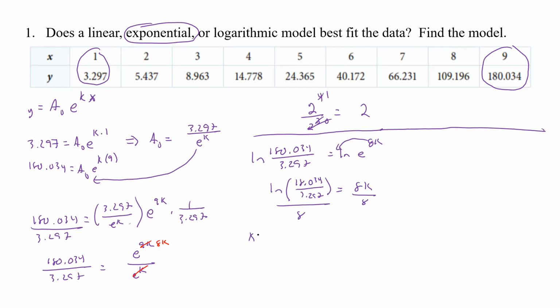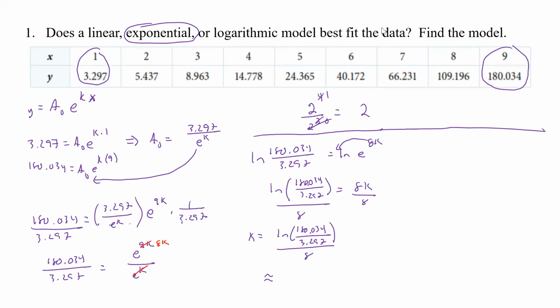And so k is equal to ln of 180.034 over 3.297, divided by 8. So that's what my k is equal to, okay? Now, do I want to write that into my formula up here? Probably not. I'm going to simplify that. And so I'm going to say that's approximately equal to, well, what is it approximately equal to?